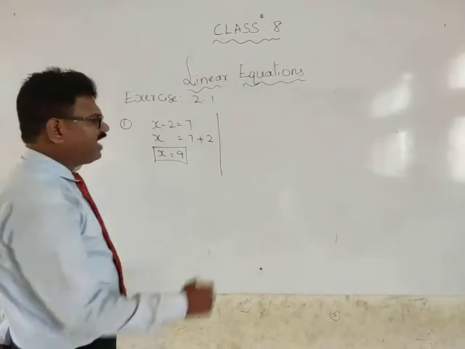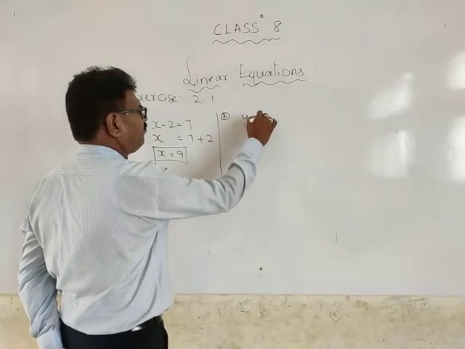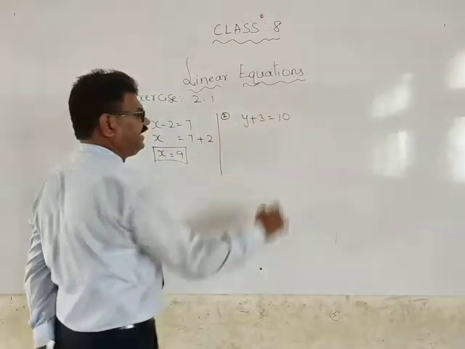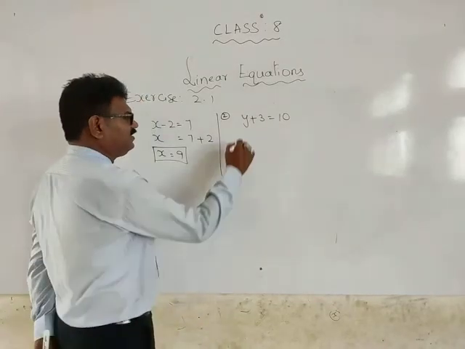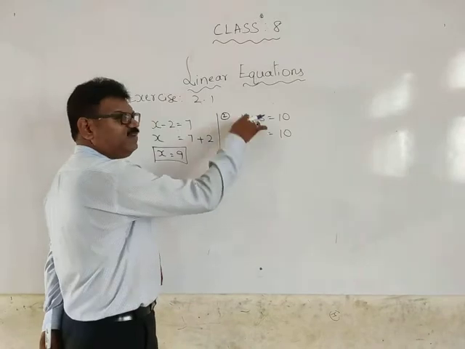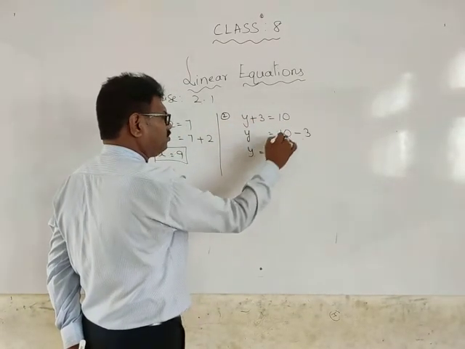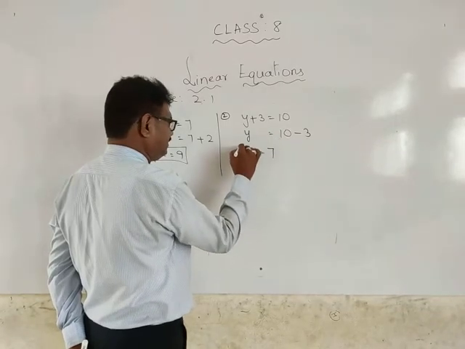Second question: y plus 3 is equal to 10. Write y is 10, plus 3 becomes minus 3 when it comes here. y is equal to 10 minus 3, which is 7.